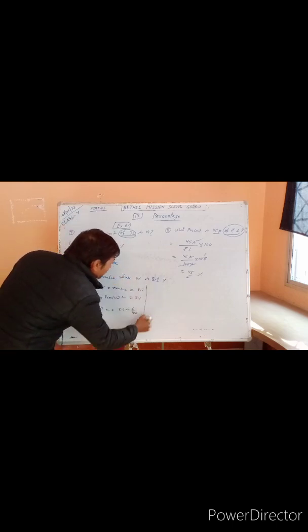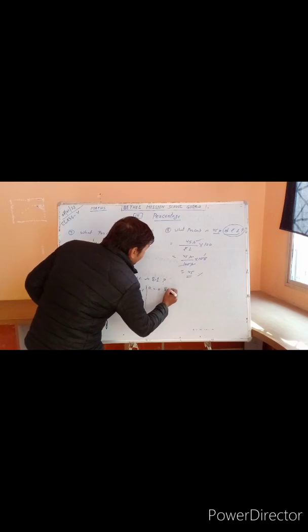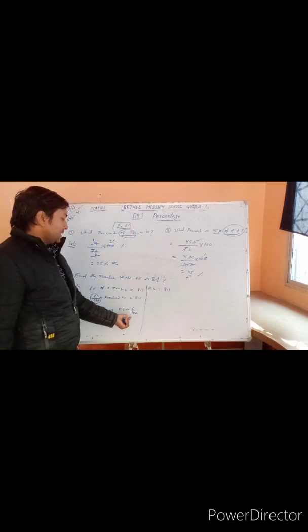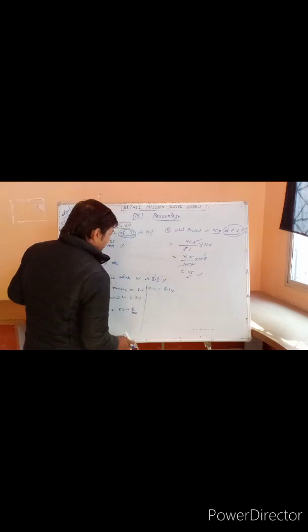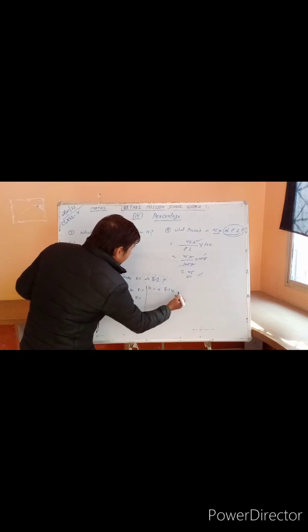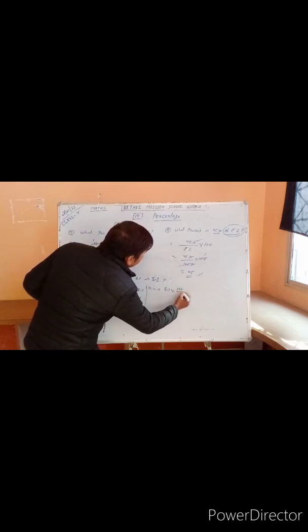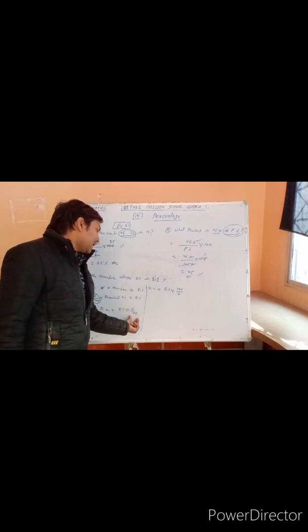So now the required number equals 8.1, and take the reciprocal. This is divided; take the reciprocal, it will be multiplied. Then that is 100 upon 6. We have taken the reciprocal of 6 upon 100.